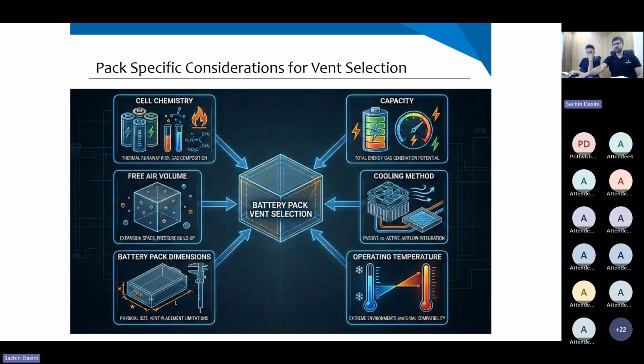Yes. Essentially, when you're looking at a dual vent system where you have a very rapid gas release, say, for example, an umbrella valve or spring system, this is usually for NMC packs or packs where there's a very high density of cells. It will really depend on the two slides we had shown, the vent specific considerations and the pack specific considerations. Depending on the technology of your pack, you may need to go in for this kind of dual system.